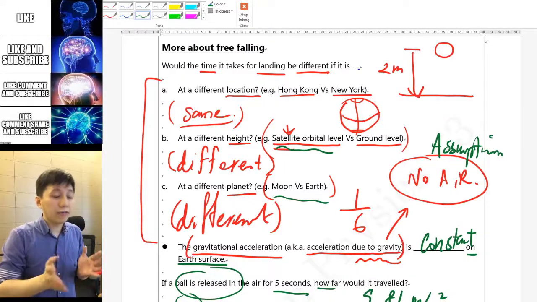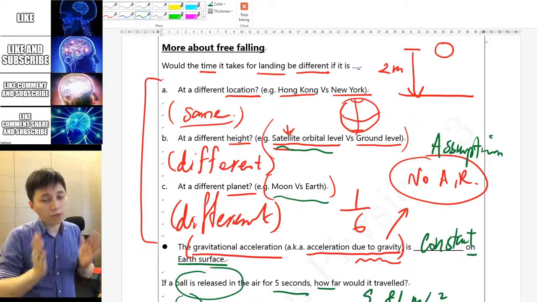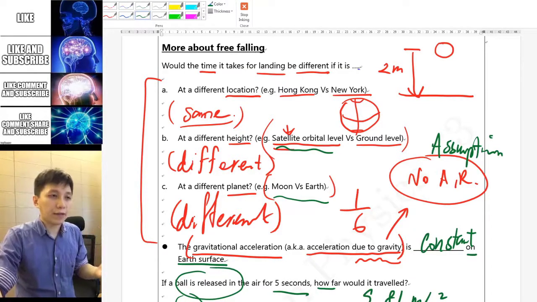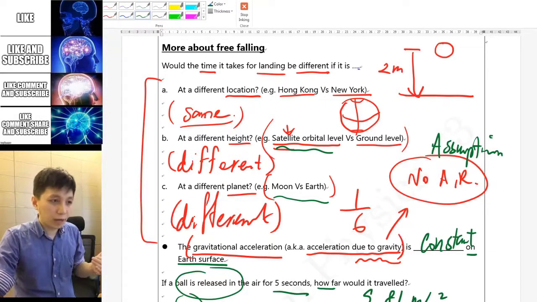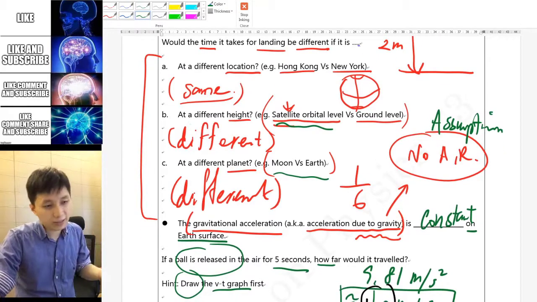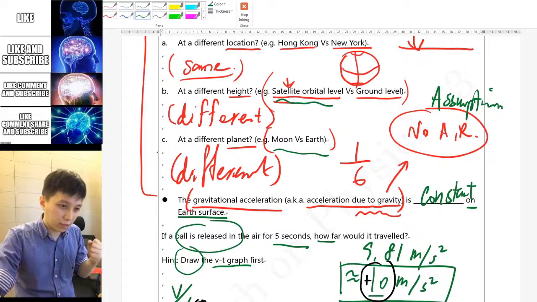Okay, this is a pretty long video, so let me make a summary of what you learned in this video. So first of all, you should have learned the different factors that affect the acceleration due to gravity, so that of course will affect the free falling time, including the height and also the planet and maybe the mass of the planet more precisely.